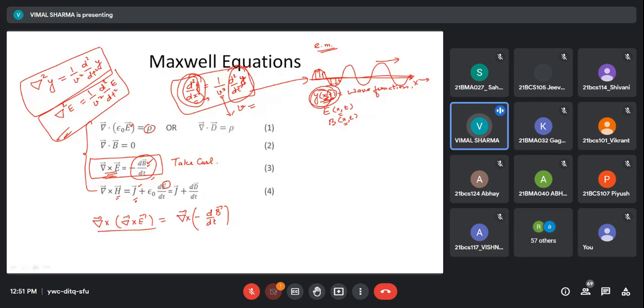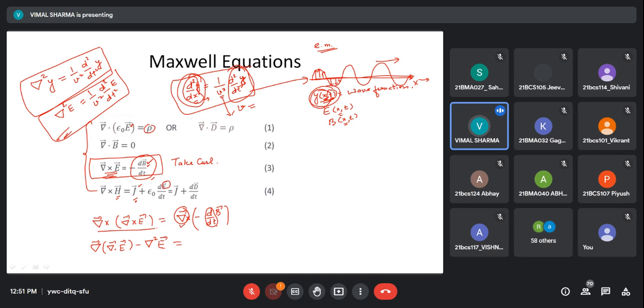And I have a formula identity for this. I write the curl of curl of any vector as the gradient of the divergence of that vector minus del squared E. The right hand side I can write as minus d by dt of curl of B, since I can interchange the operation of these operators.